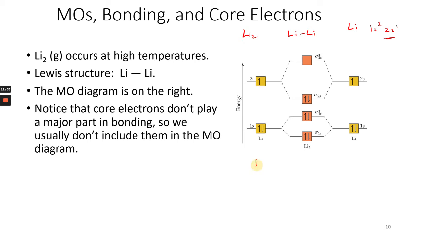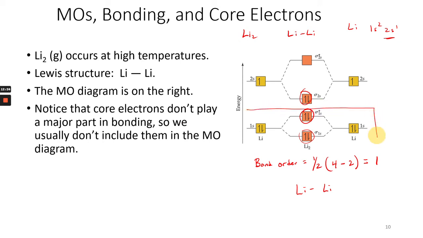Okay, now let's calculate our bond order. So it's equal to 1/2 the number of bonding. So here we have 4 minus antibonding. So this gives us a bond order of 1. So Li will bond to itself. Okay. Now, notice the core electrons don't play a major role in the bonding.